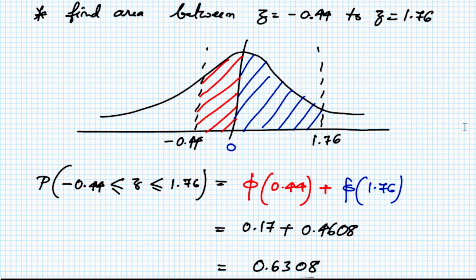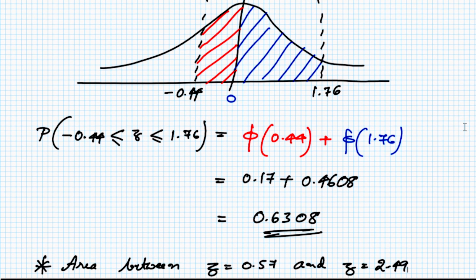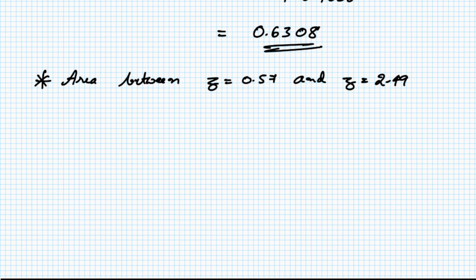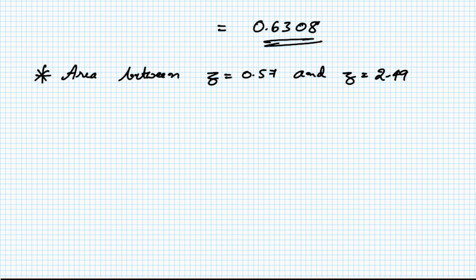Please hold it. Now, sir, scroll down. The next question, sir, please. No, only this is the next question. After that, I have not written anything. This is the next question I asked: area between 0.57 to 2.49. Okay, sir. Thank you.